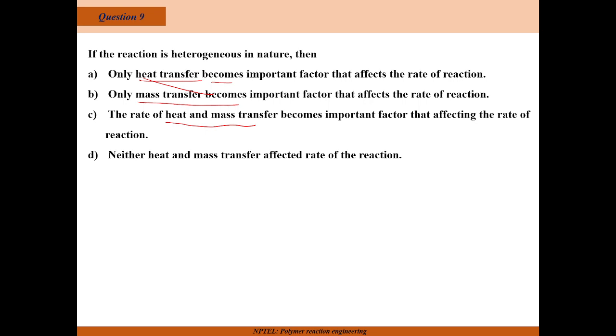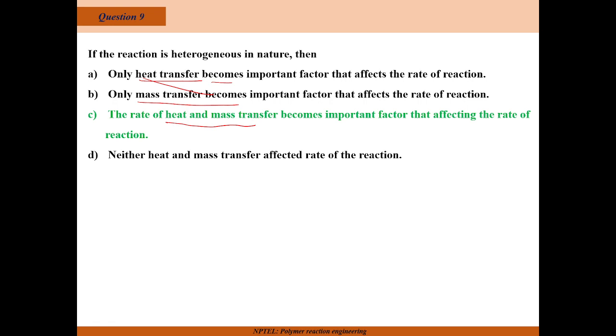It should be like both should have an impact. Both heat and mass transfer, option C, will affect the rate of the reaction, especially for heterogeneous reactions. So this is also a very fundamental question. Both the rate of heat and mass transfer become important parameters.